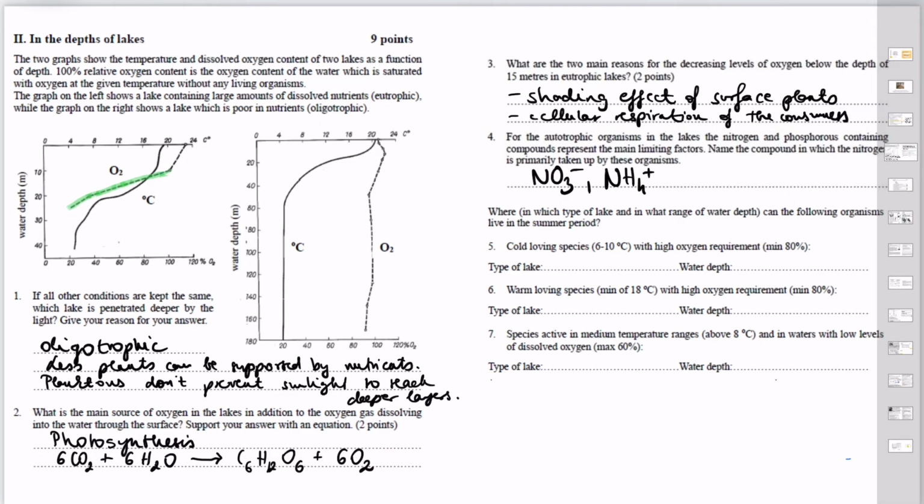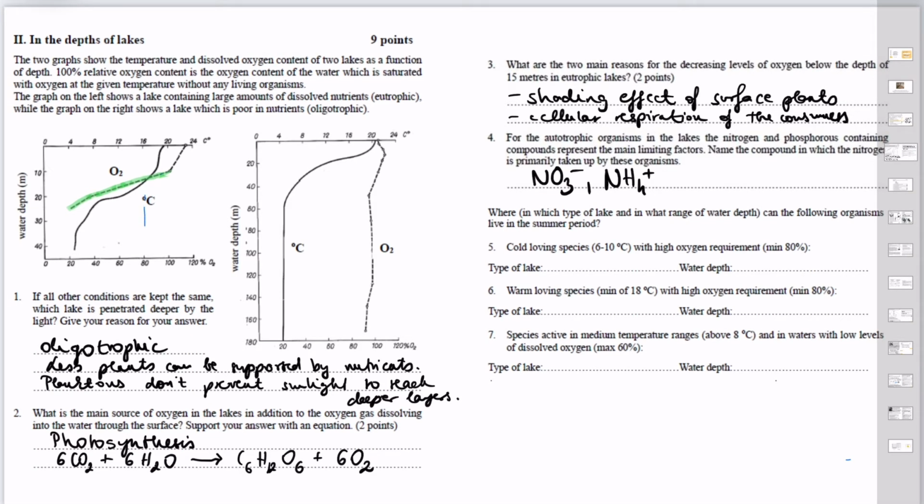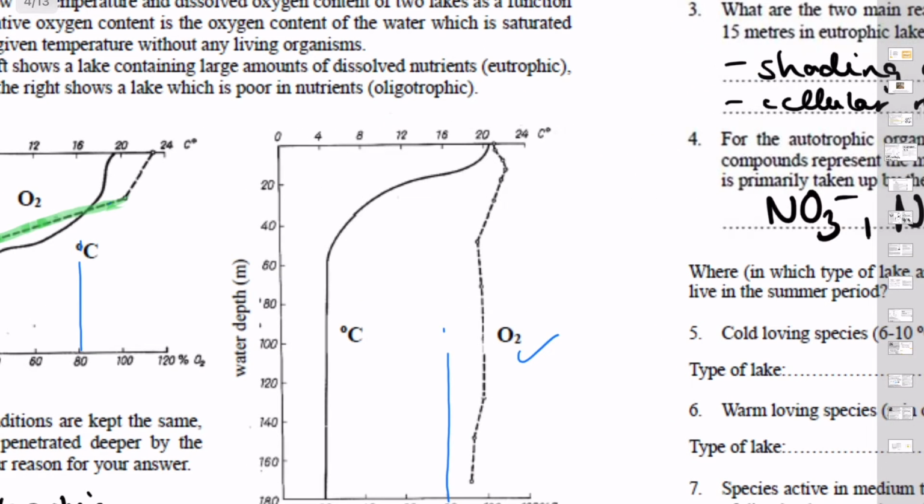In which type of lake, and in what range of water depth can the following organisms live in the summer period? Cold-loving species between 6 and 10 degrees Celsius with high oxygen requirement, minimum 80%. So if we look at the first graph, we can see that these conditions are not met. But in case of the second graph, the oxygen content is always higher than 80%. So this requirement is fulfilled. Let's have a closer look at the temperatures then. 6 is approximately here and 10 degrees Celsius is somewhere here.